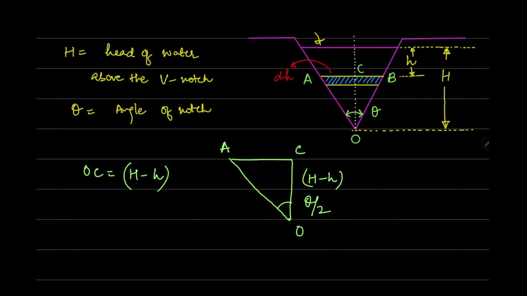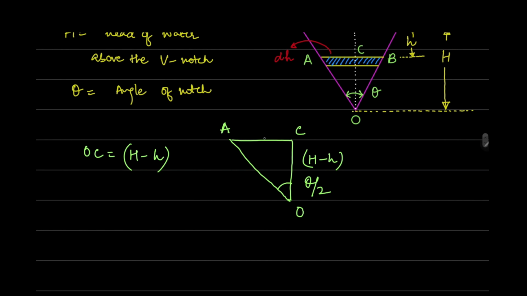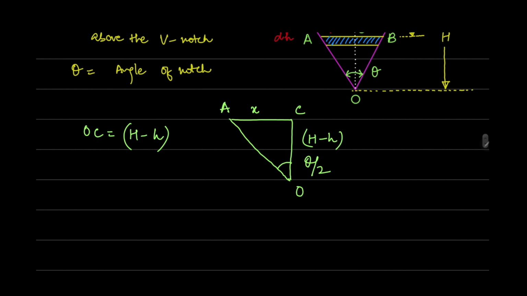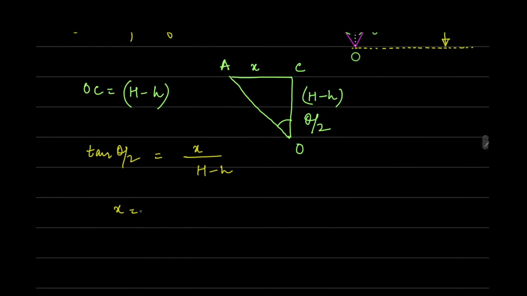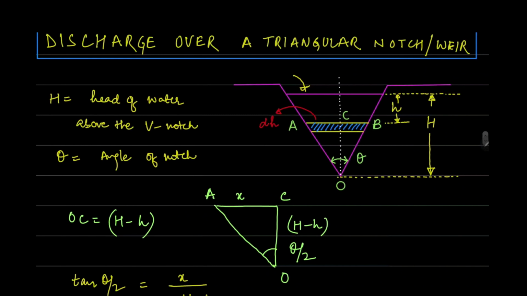Now we are not aware of the value of AC. So let's say this AC is X. So we can write tan theta by 2 is equal to X divided by (H minus h). So X will be (H minus h) multiplied by tan theta by 2. This X is the half length of this strip.